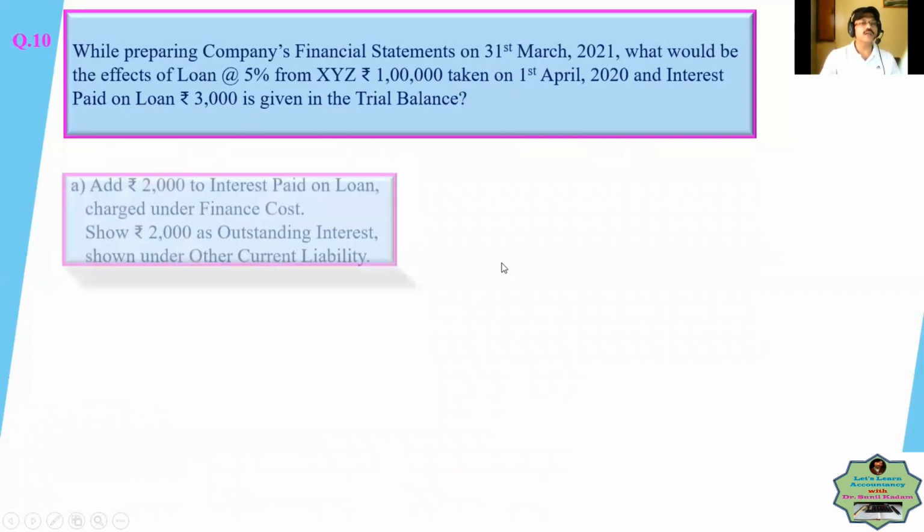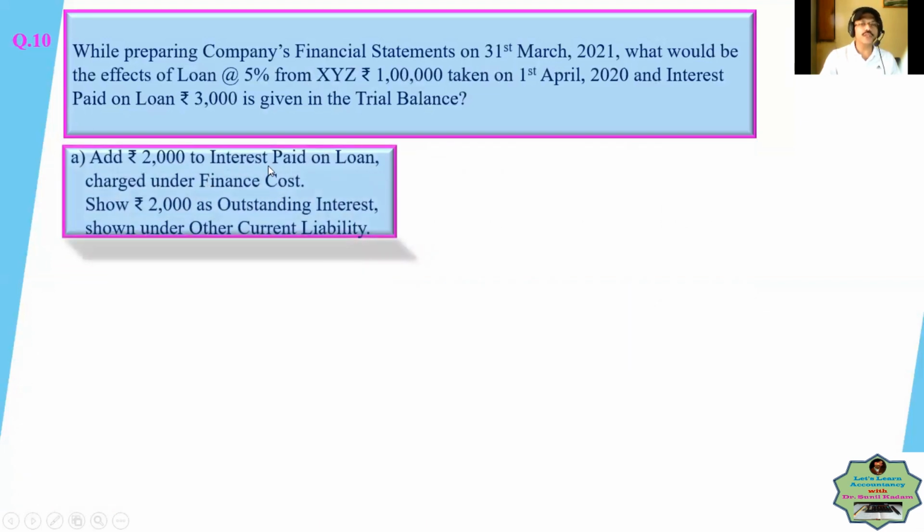The options are: add rupees 2,000 to the interest paid on the loan charged under finance cost, and show rupees 2,000 as outstanding interest under current liability. One is a profit and loss effect and another is a balance sheet effect.